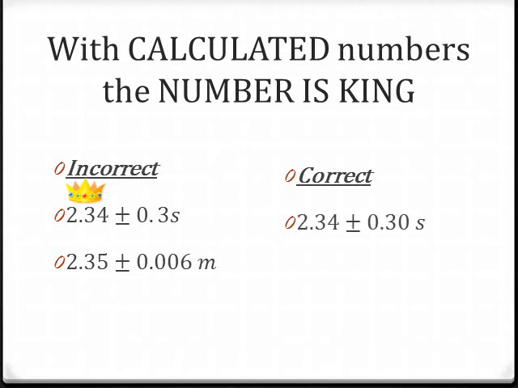And so if we had a number like this, instead of matching the number to the uncertainty, we match the uncertainty to the number, as shown. So in this one right here, this one should be rounded like this, where we round it up. And so this is our correctly rounded, where the number is king with a calculated number.